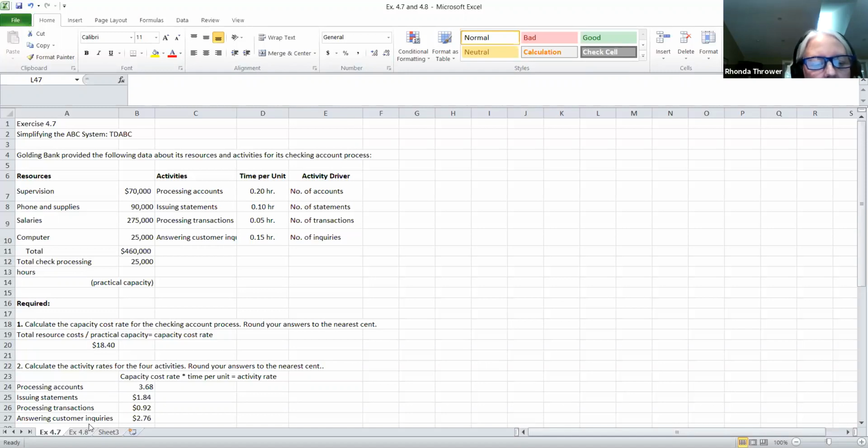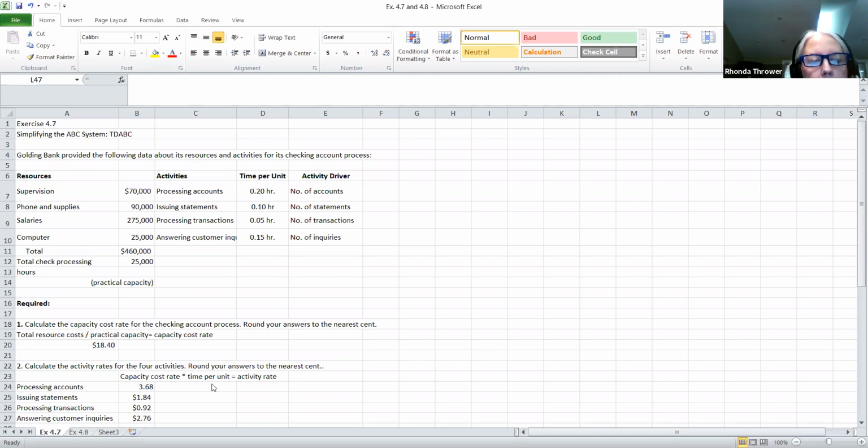I started by making a list of the activities first. Then I'm going to take this capacity cost rate and multiply it by the time per unit. That will give me the activity rate. So the formula to calculate the activity rate is the capacity cost rate that we found in requirement number 1.